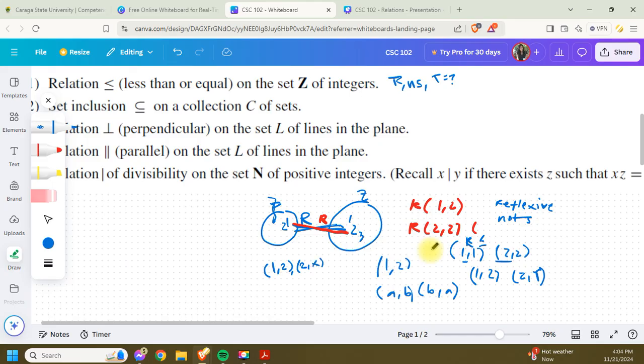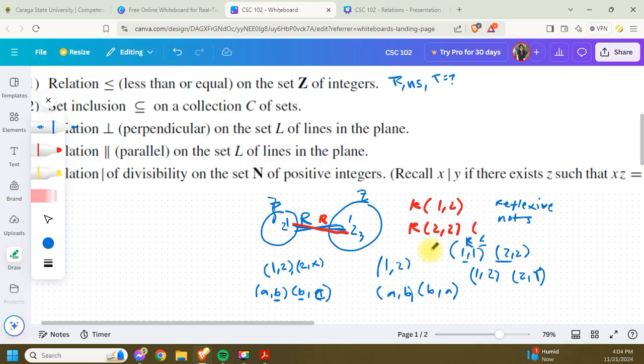So if you have (A, B), there should also be a (B, C). Basically, an element of R that can be the second can also be an element that can be the first.